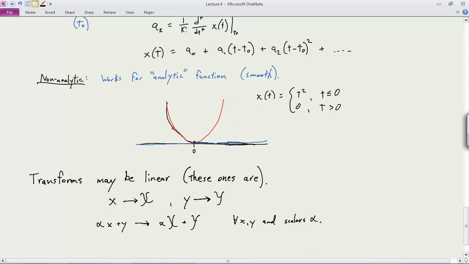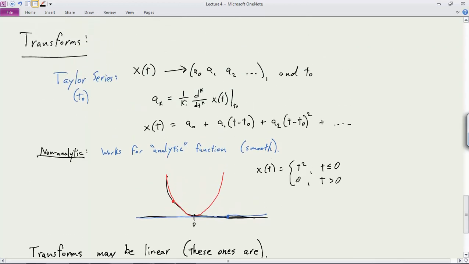So with this linearity, you can see that the Taylor series is linear. Why do we know that? Yes, because of addition. And we might want to also look at this formula. So everything here is linear.